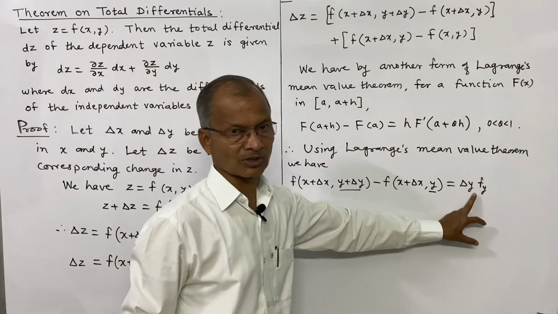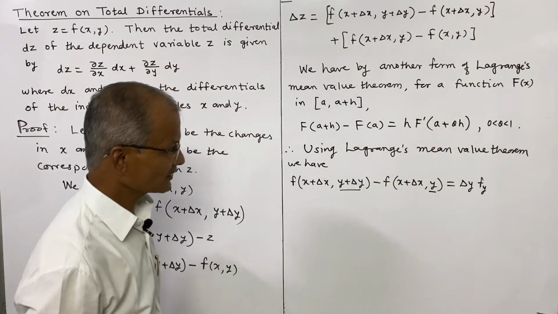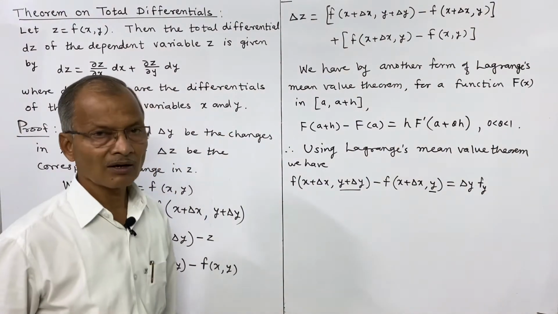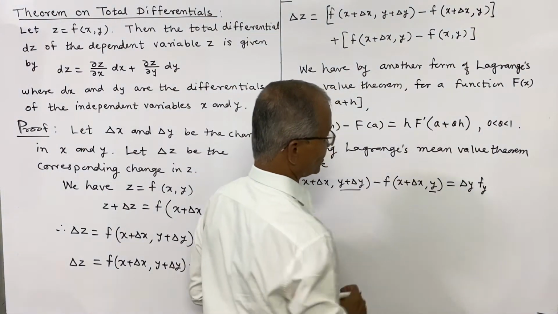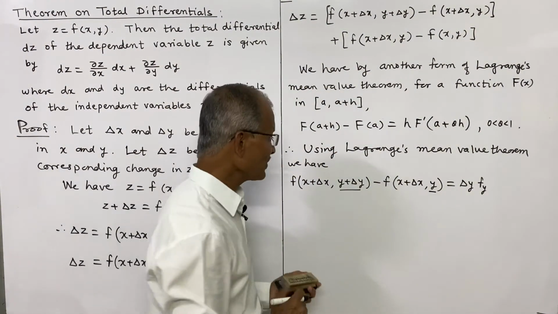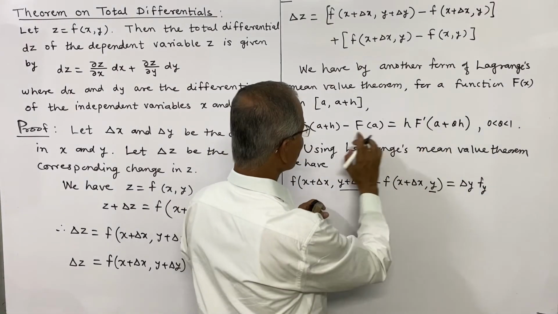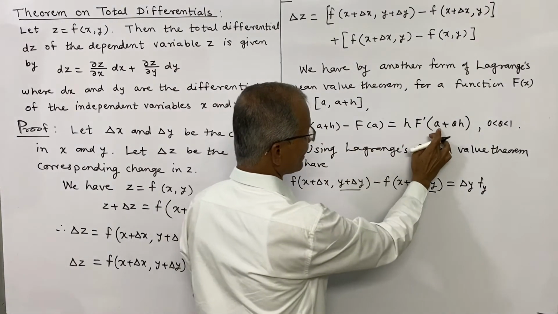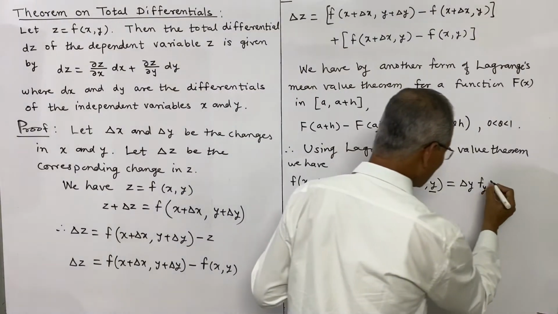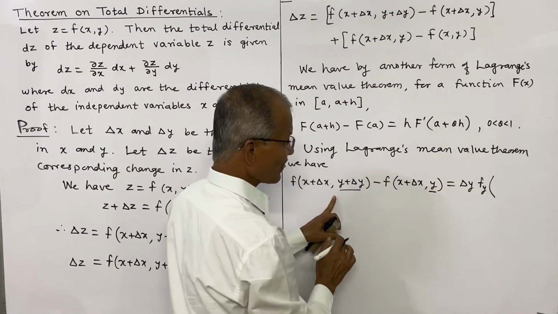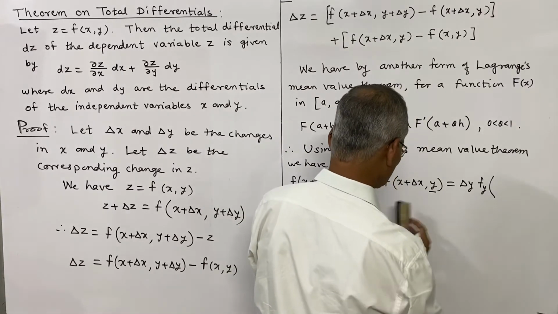We will use this notation for partial derivative. f suffix y means dou f by dou y, and at which point? The point is a plus theta h. Now here the point will be y plus, now you see a plus h is written here as a plus theta h. Here y plus delta y we will write it as, but before that I shall write this step here.